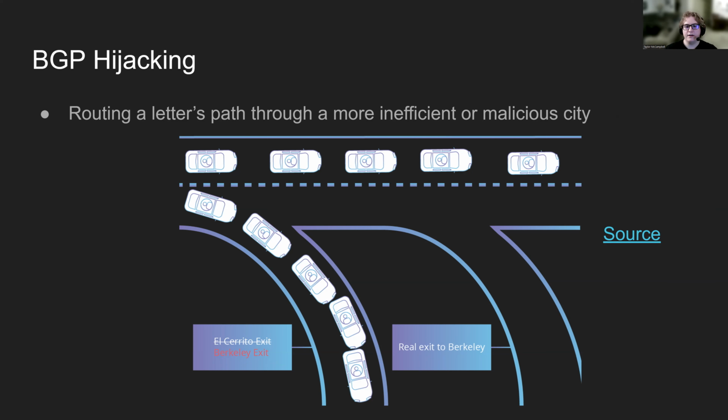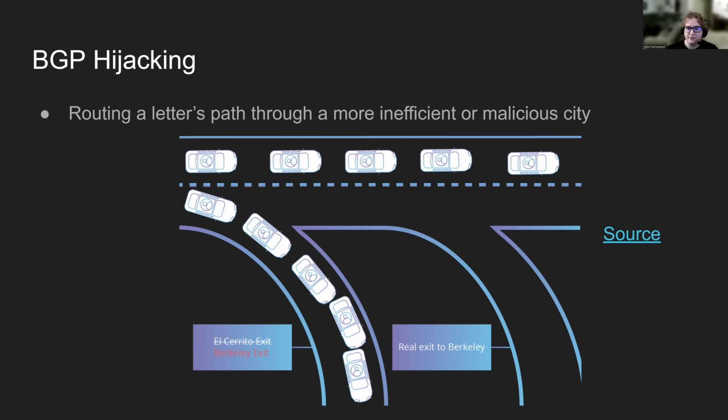And BGP hijacking is, instead of choosing the most efficient path for that letter, the person picks it up and says, this is in San Antonio. I'm going to send it up to Toronto. And then it gets sent to Toronto. And then the person in Toronto has to go through the same process again. But it was maliciously diverted from the most efficient path.